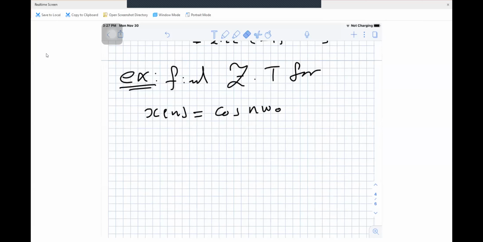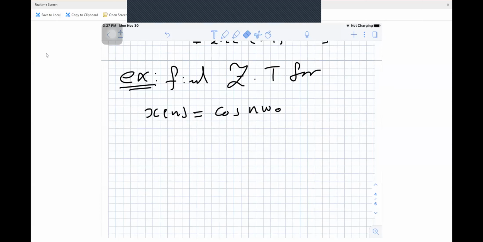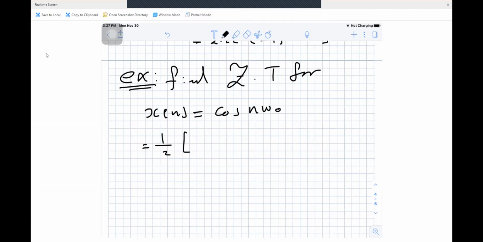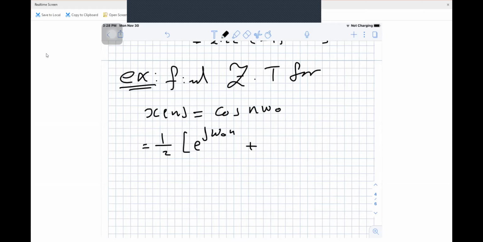What we are going to do in this example, first of all, I have told you we are going to apply the Euler identity. So it will be 1 over 2 e to the j omega naught n plus e to the minus j omega naught n.